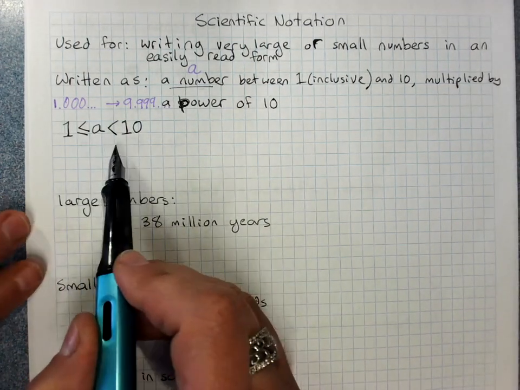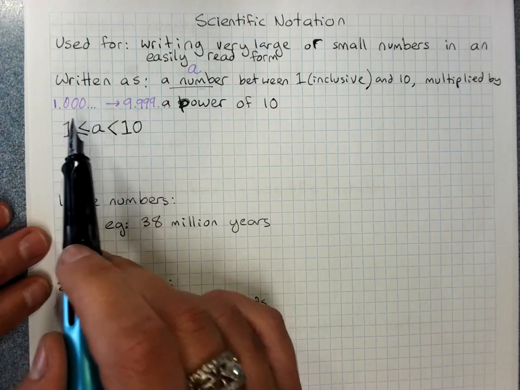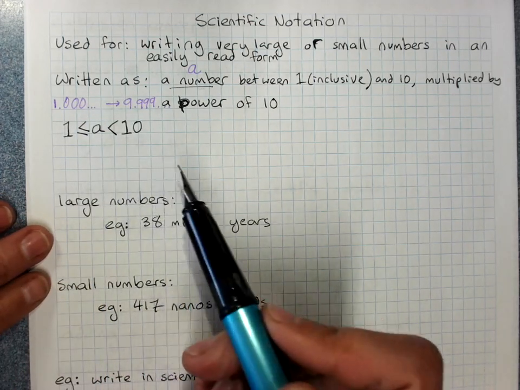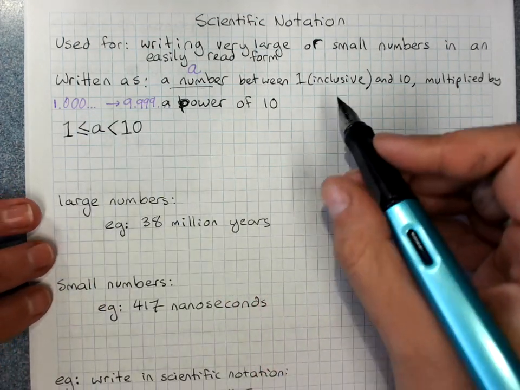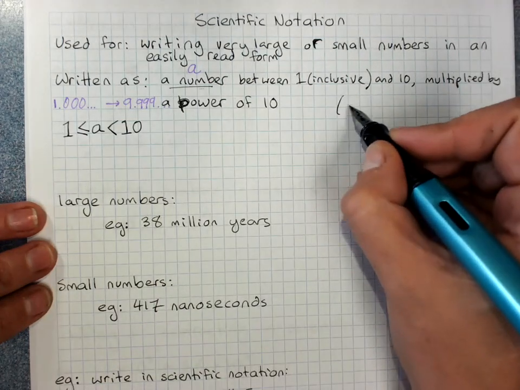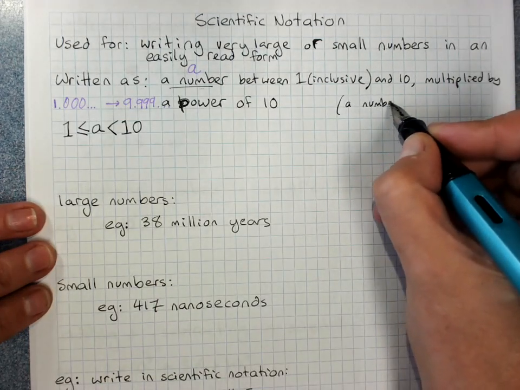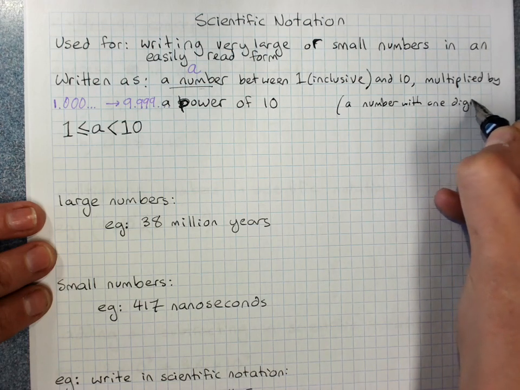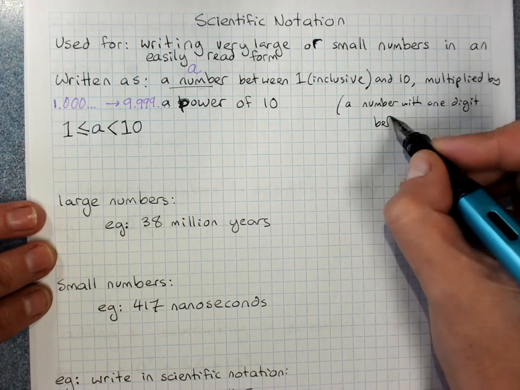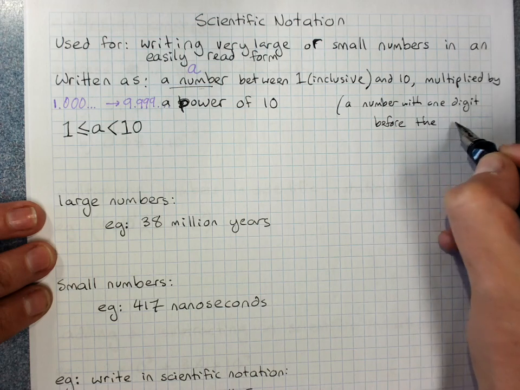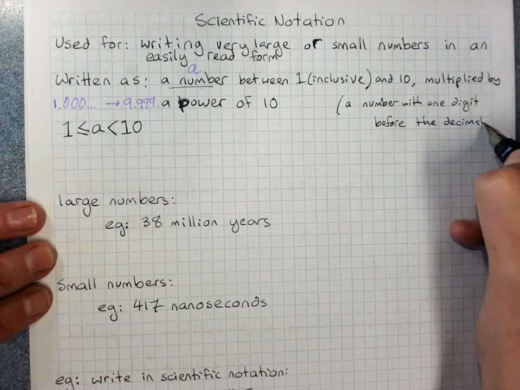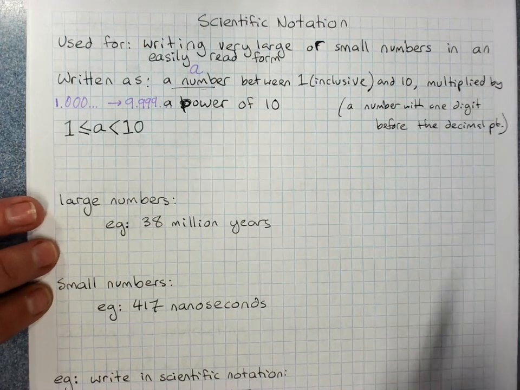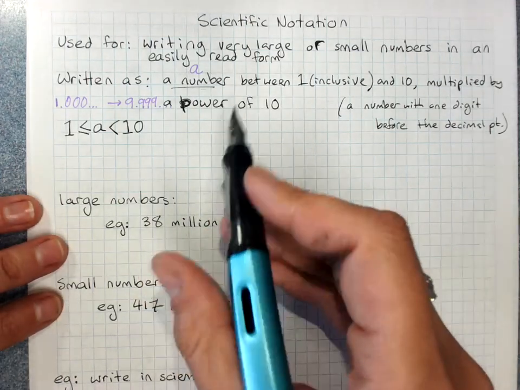So we've got notation to describe what I just put there. It's basically a number with one digit before the decimal point.